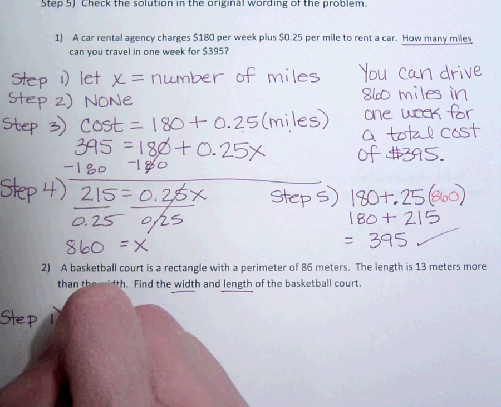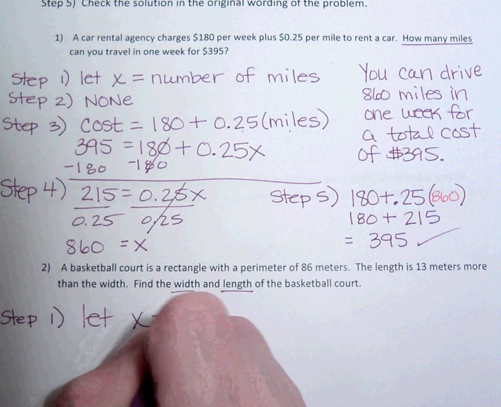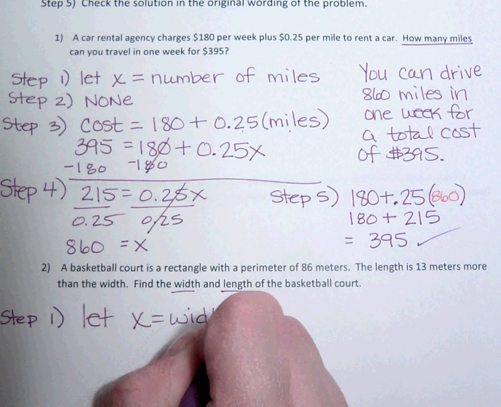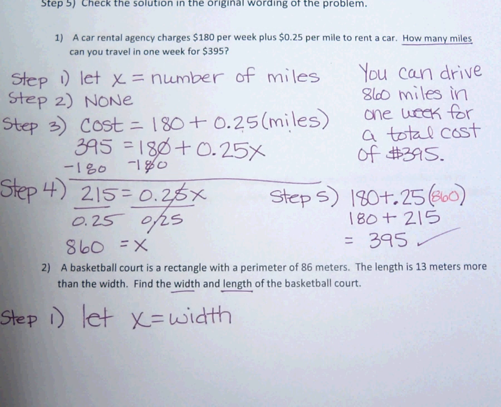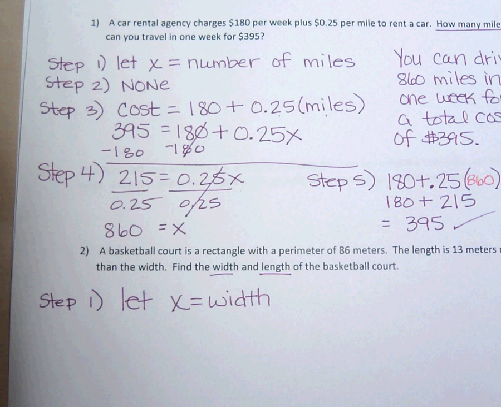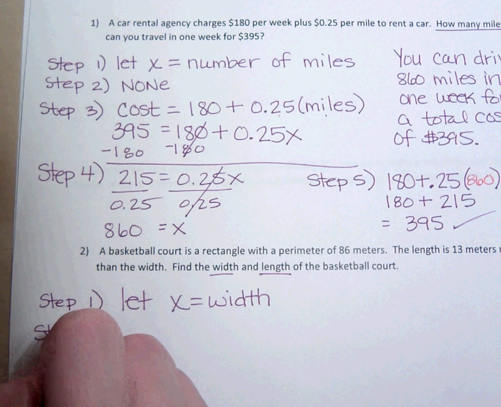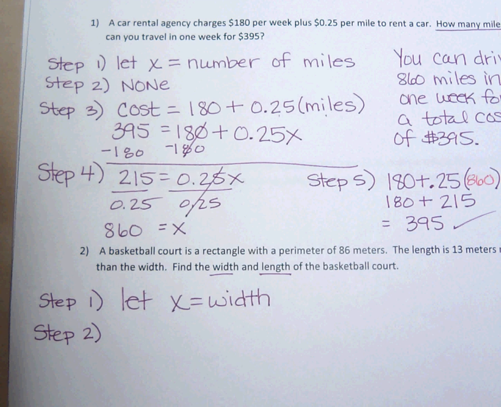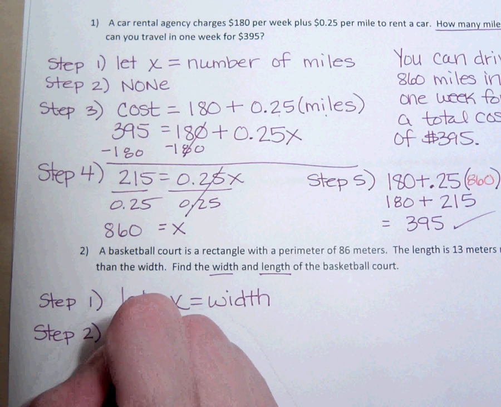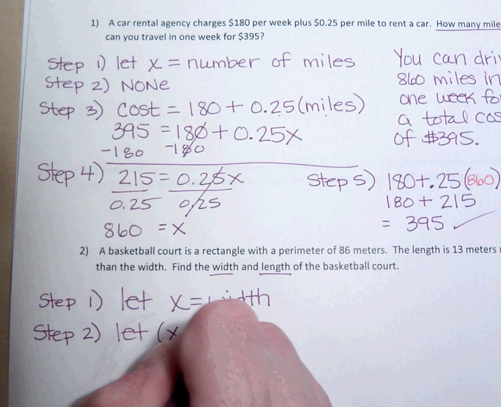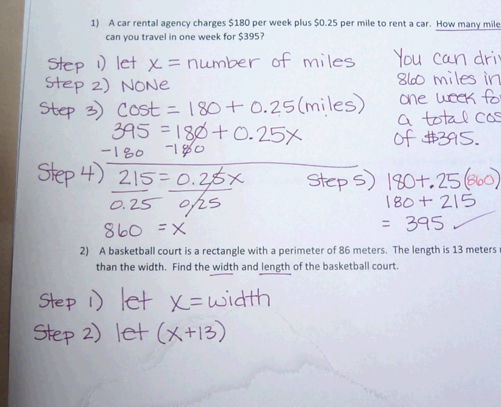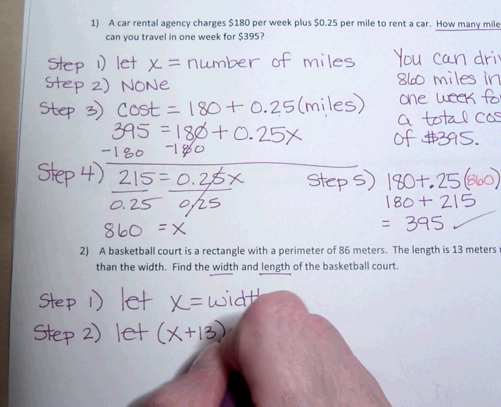So we're going to start by letting x equal the width. Because if I know that, then I can figure out the length. So step 2 says represent other quantities in terms of x. So if the width is x, then 13 more than that, which would be x plus 13, equals the length.